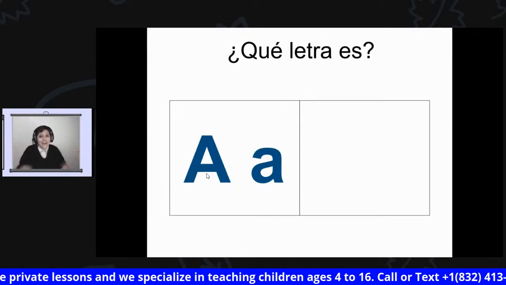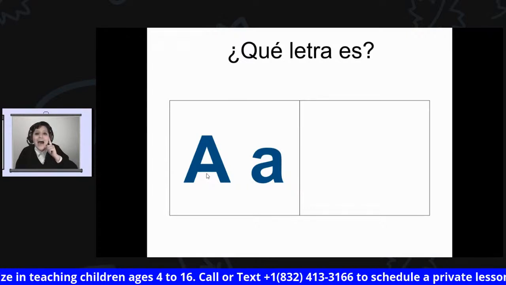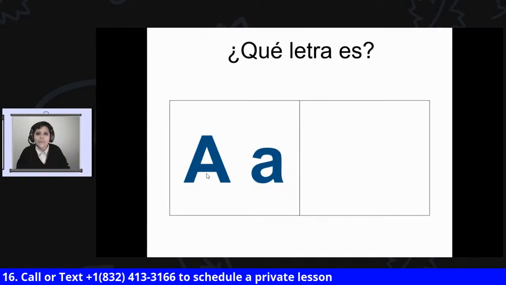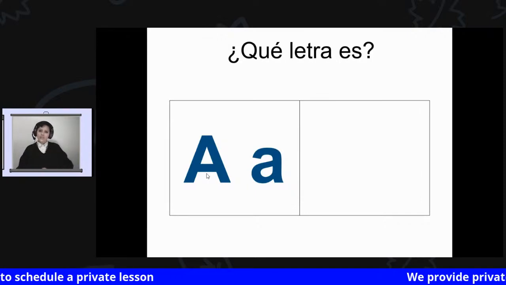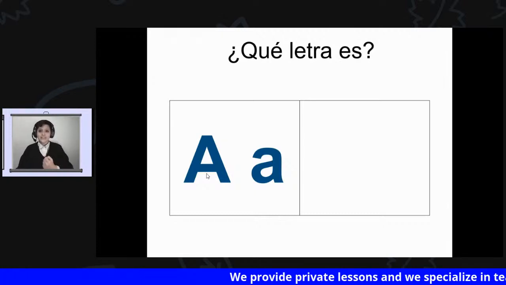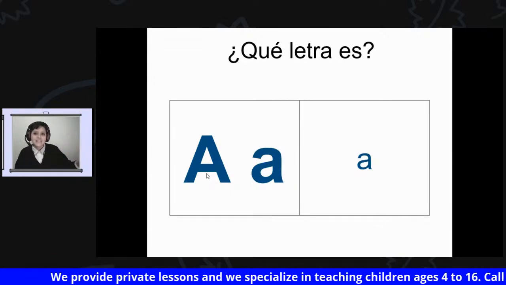That is correct. The sound is A. Repeat after me. A. It comes from your vowels over here. A. So it has to be straight. A. And that's the sound. A.